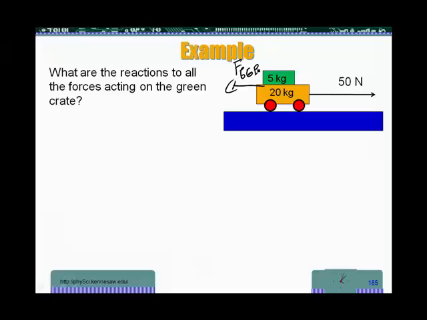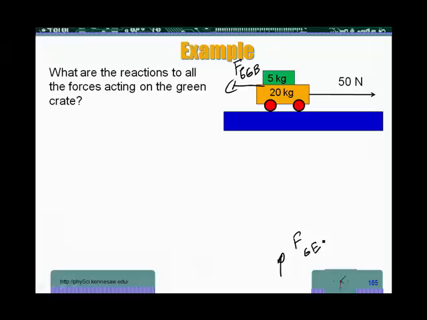Okay, that's one reaction. The second force we said is the Earth is pulling down on the green crate. The reaction to that is, think of the big Earth, and all the way down here at the middle of the Earth, there is a force that the green crate exerts on the Earth. A gravitational force of green crate on the Earth. That's that reaction.